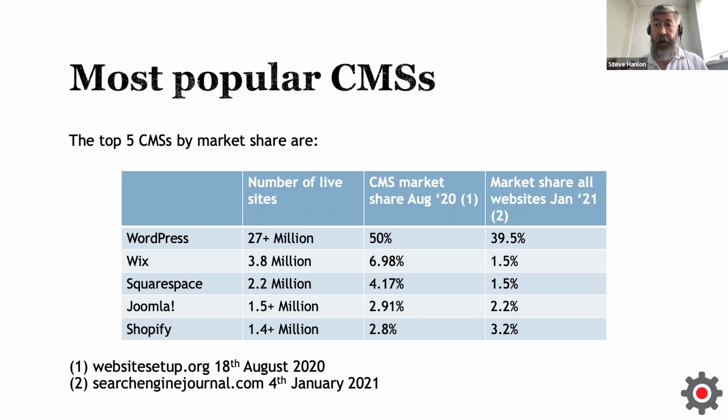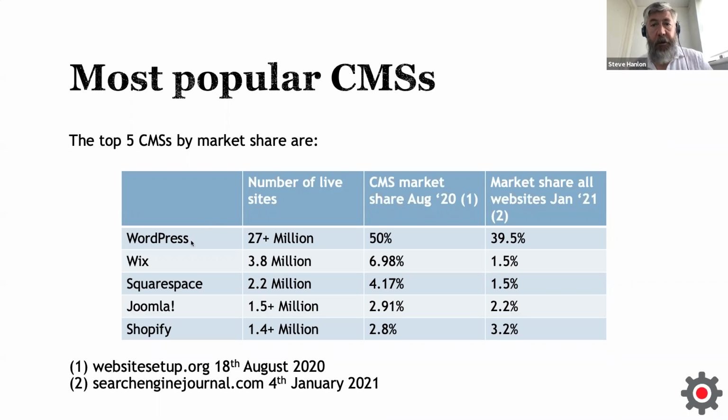It gives you an idea of the volume of people using it. This is 27 million plus different sites, so that figure will be bigger. As a market share of all websites at the start of this year, nearly 40% of sites across the board were using WordPress, regardless of whether there was a CMS in there. That represents quite a large number of sites.